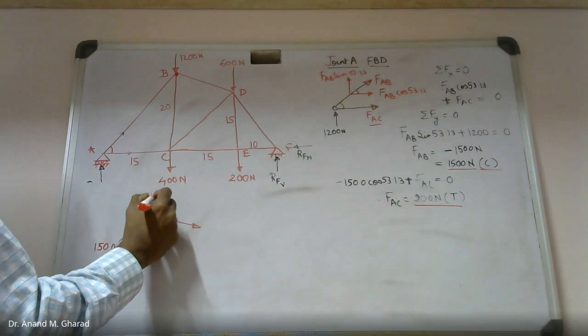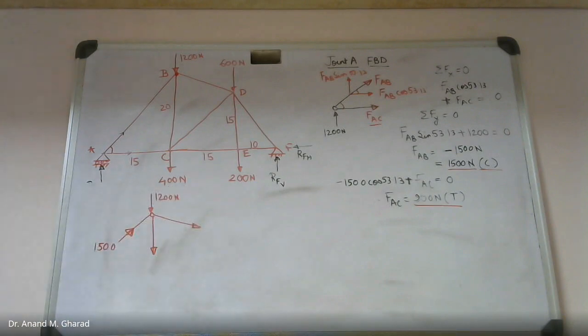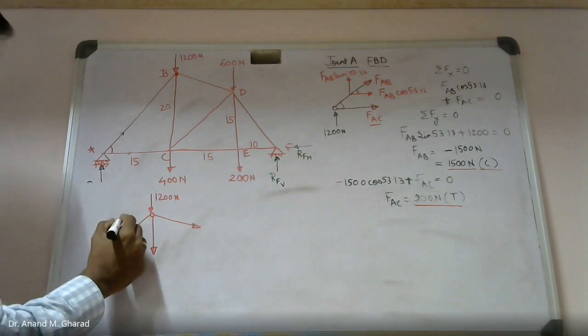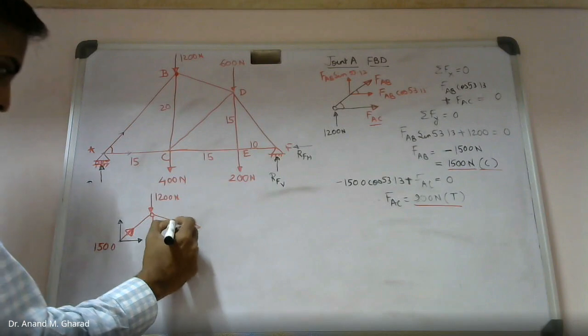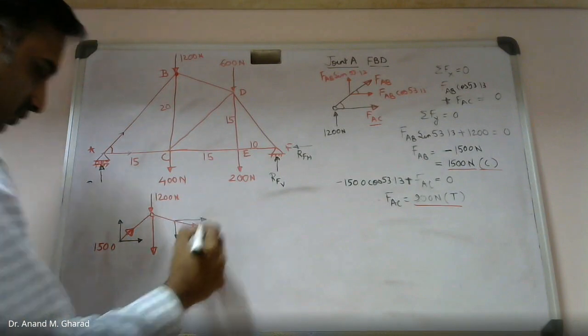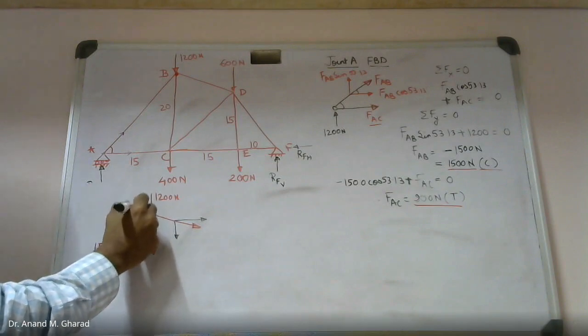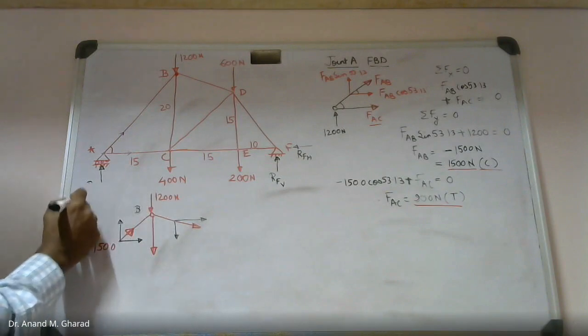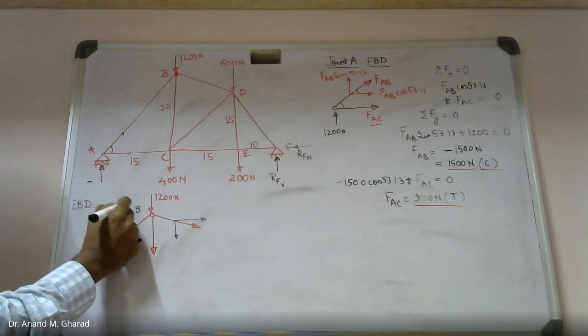Then there is one force of 1200 Newton which is acting. Correct? These are the forces. Resolution of the force. Okay. So this is joint B, and what I have drawn is the FBD of joint B.